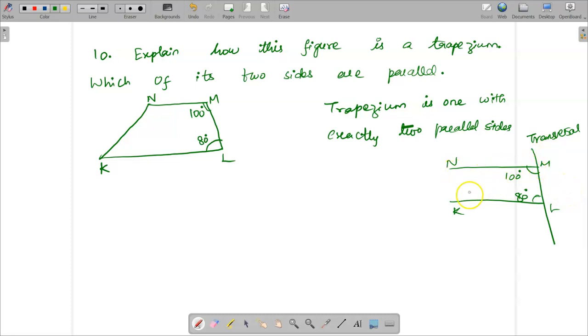So when can we say these two lines are parallel? When two lines are there and a transversal is passing across them, if the sum of the interior angles on the same side of the transversal is 180 degrees, then I can say that the two lines are parallel.